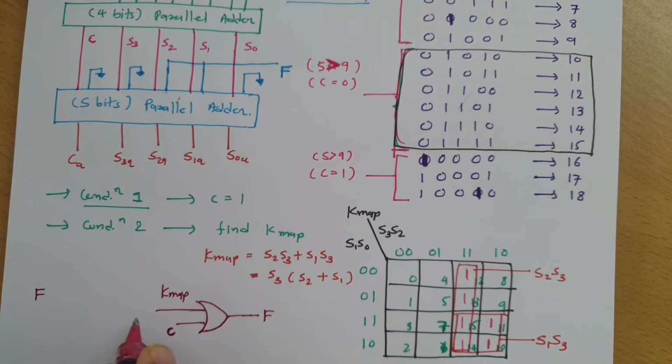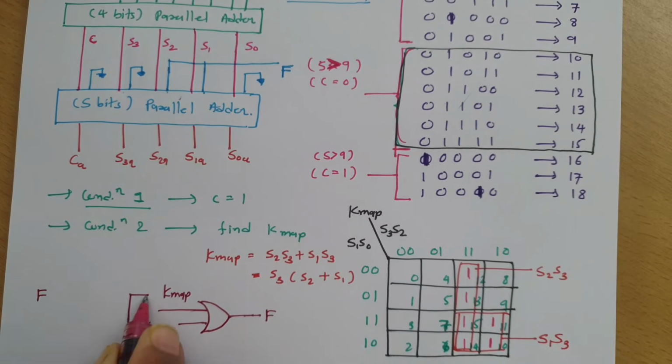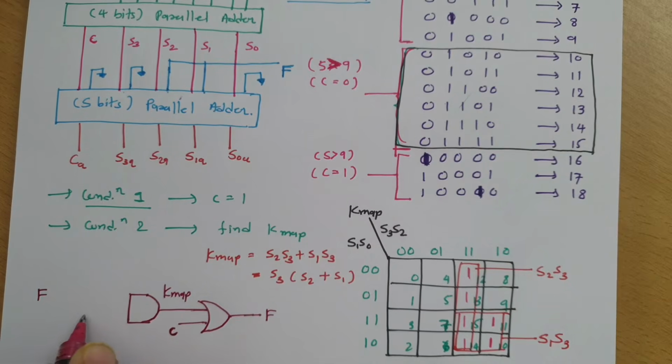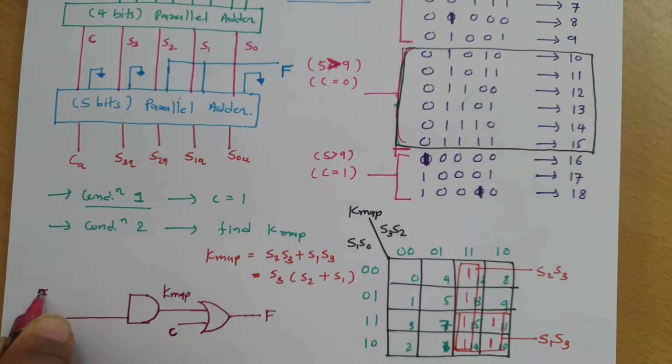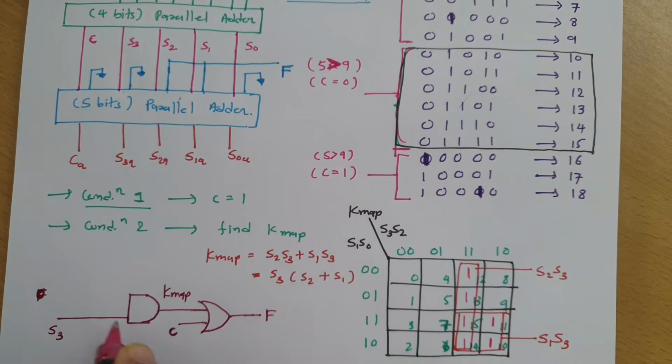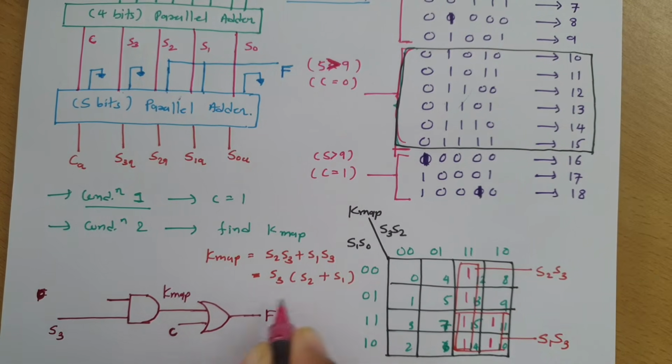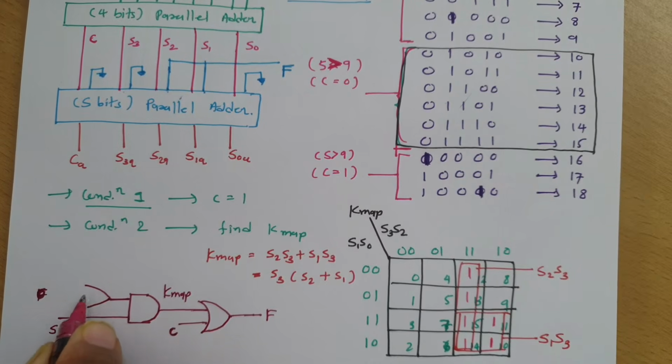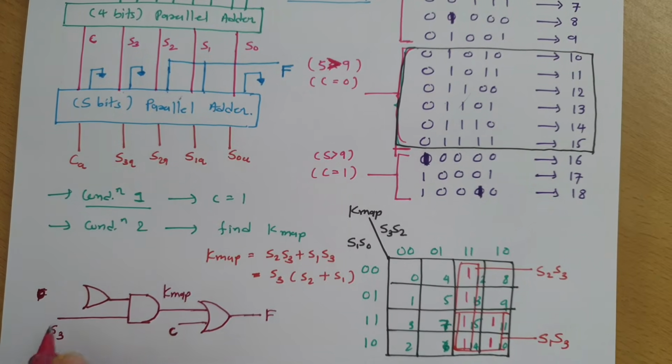So here I have the AND operation, where one input is S3, and S2 plus S1 we can have by again ORing.